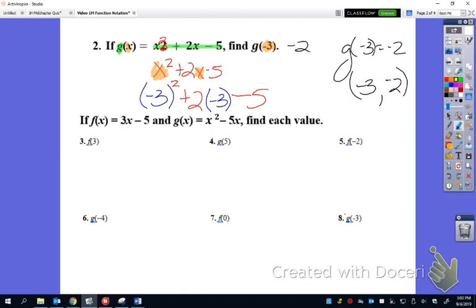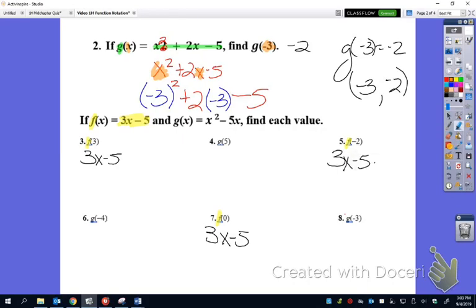Now look at number 3. On number 3, you've got f, okay? Here's my f, so 3x minus 5. Now I'm just going to look. Well, I have my highlighter. Here's an f, here's an f. So wherever I see f, I'm going to write 3x minus 5. I'm going to use that same equation on all 3 problems, okay?